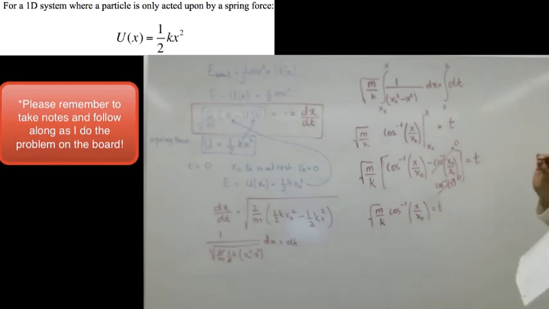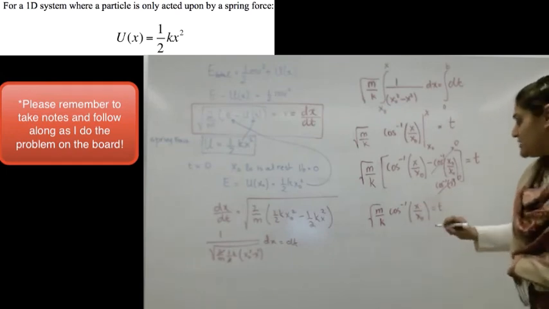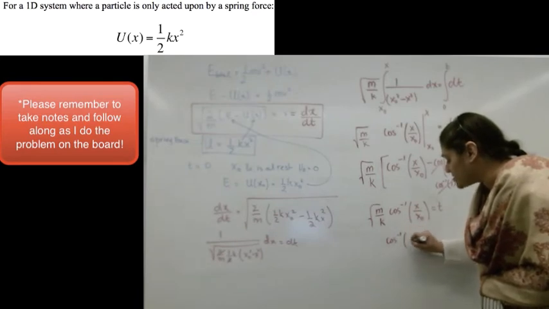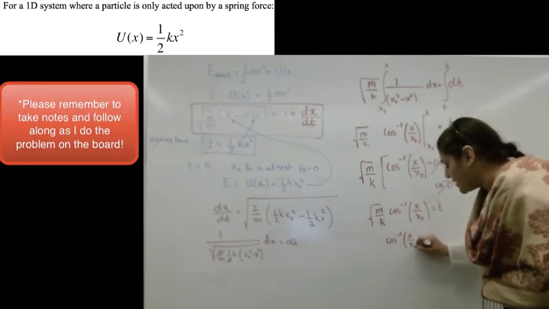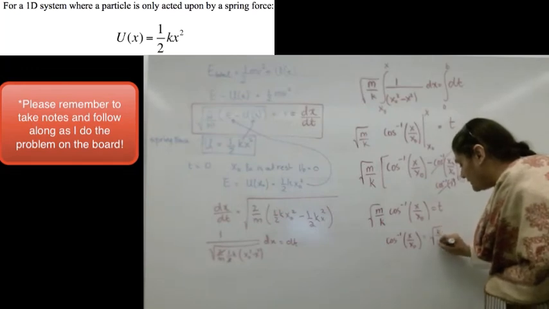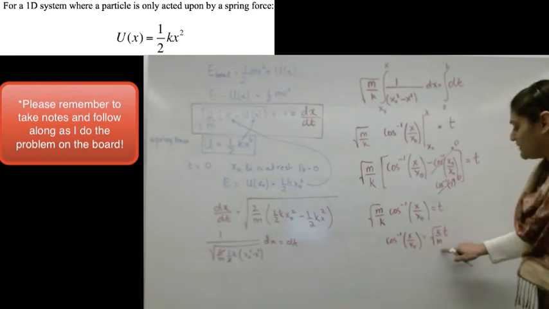Now my main problem was that I need a solution for x as a function of t. So I want this on one side. So what do I do? I move this over. So it'll be cosine inverse of x over x naught equals square root of k over m times t, right? I bring this over to the side.